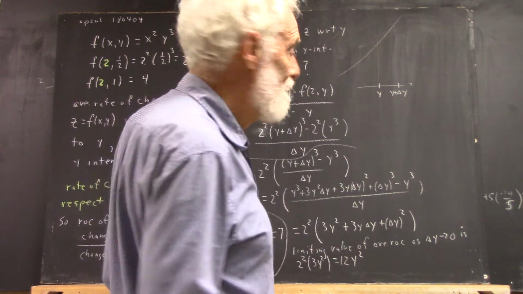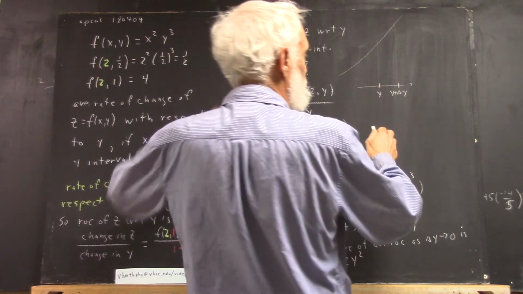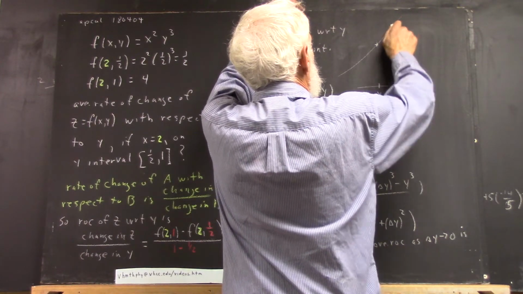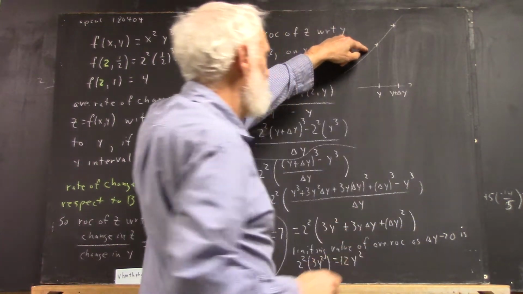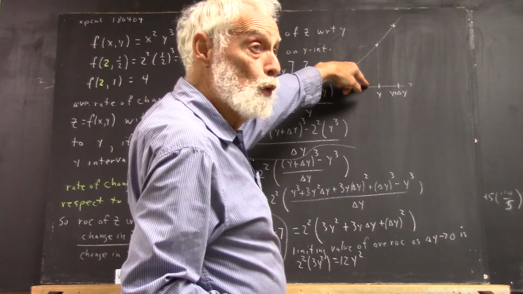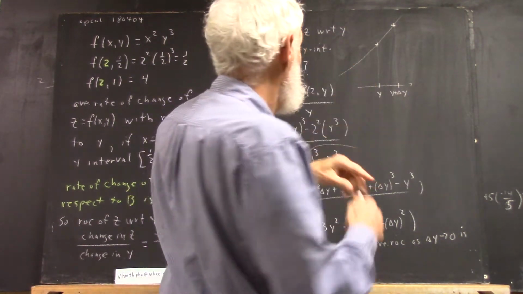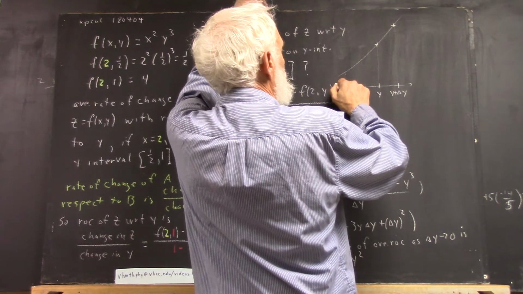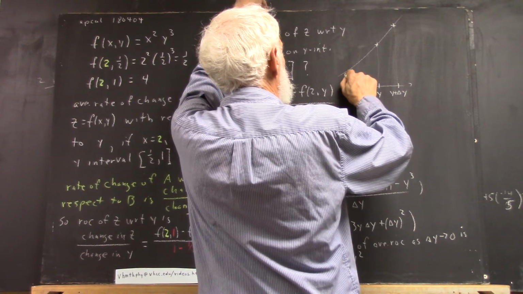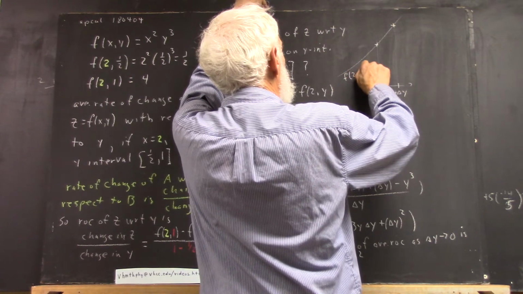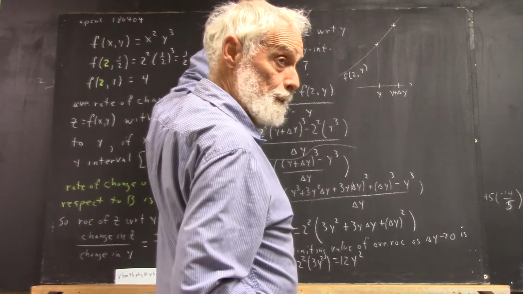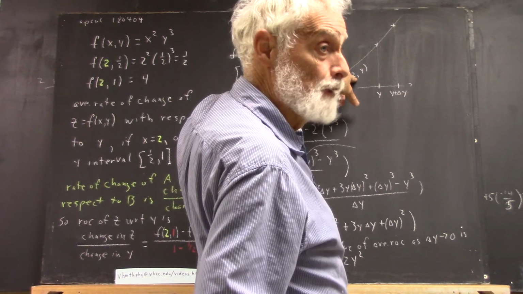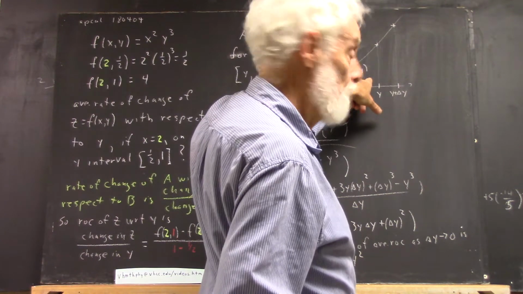Okay? You've got y and y plus delta y. So here's the point y, f of 2y, right? And this is function f of 2y, okay? And of course, once you fix x as x equals 2, this becomes just a function of y, right?